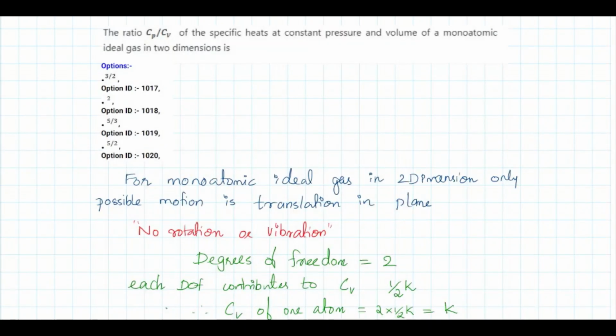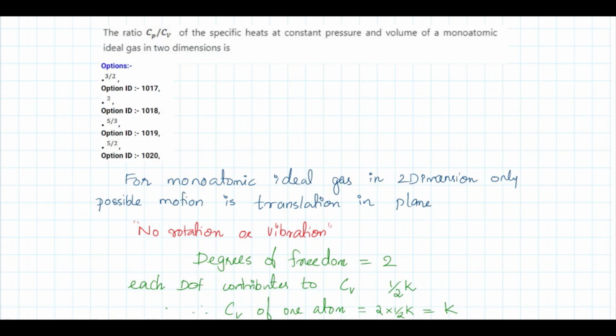Cp by Cv of the specific heats at constant pressure and volume of a monoatomic ideal gas in 2 dimensions is. The important point is it is monoatomic, and the second one, it is in 2 dimension, not in 3 dimension. For monoatomic ideal gas in 2 dimension, the only possible motion is translation in a plane.